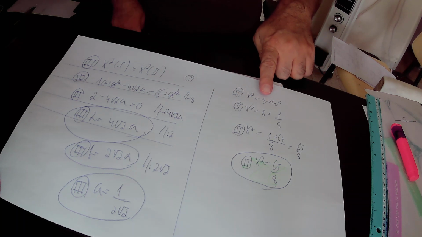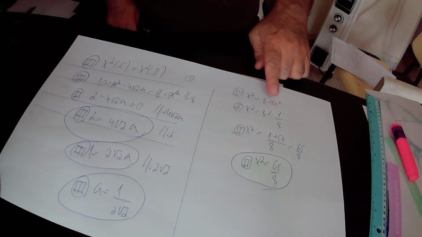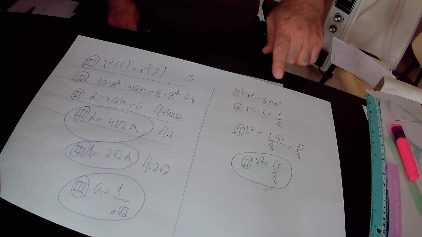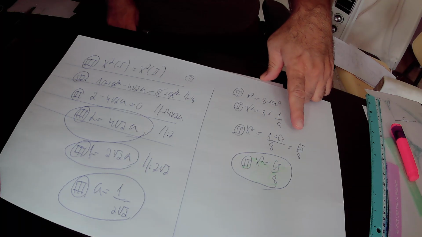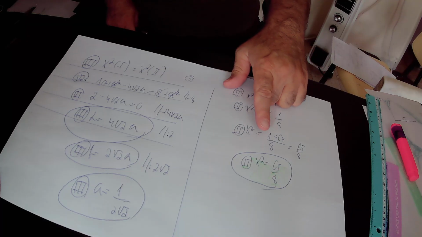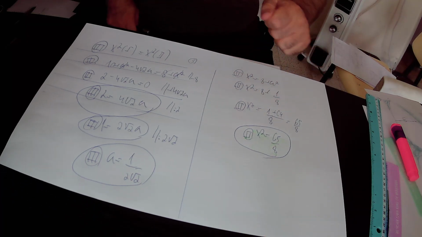So x squared equals 8 plus 1/8, so x squared equals 8 and 1/8. So we multiply 8 by 8 and then divide by 8 in order to convert this number. 8 times 8 is 64 divided by 8, so 64 plus 1 is 65 over 8. So in total, we found that x squared equals 65 over 8.